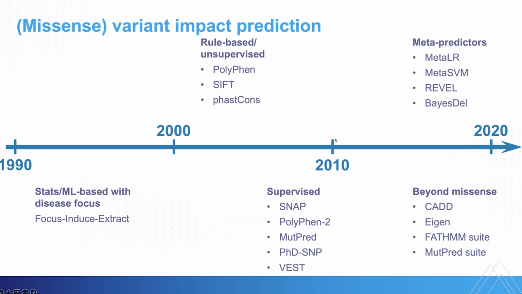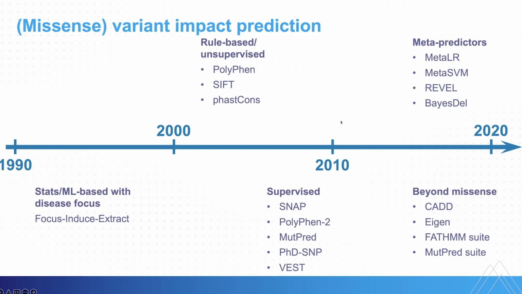Towards the end of the 2000s, a whole slew of supervised machine learning methods started coming out that use different features, right? So it could be conservation, as I mentioned, sequence context, protein structure, function, the whole gamut, essentially.